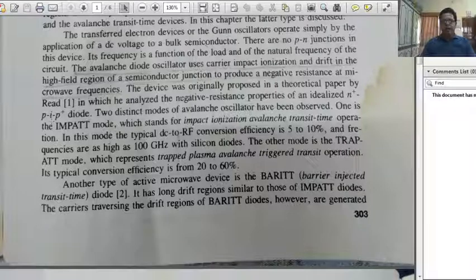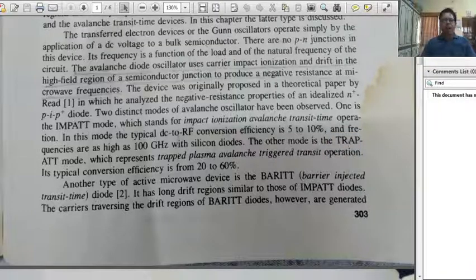In this mode, the typical DC to RF conversion efficiency is 5 to 10%. Efficiency is low, only 5 to 10%, and frequency can be as high as 100 gigahertz with silicon diodes.